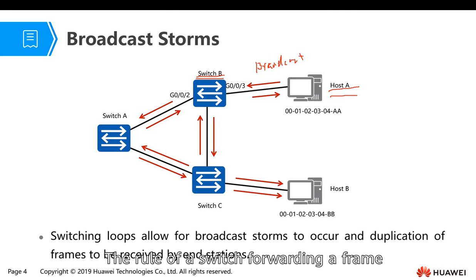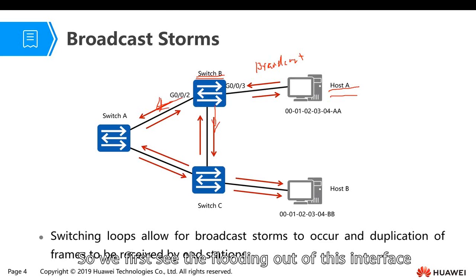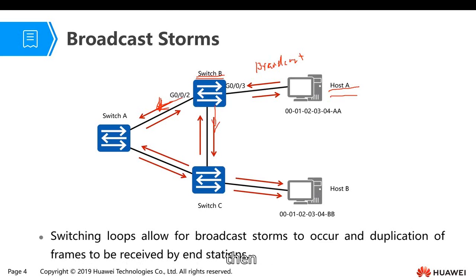By the rule of switch forwarding, if this is a broadcast, it floods out all the other interfaces. So the frame floods out this interface, and then switch A receives it. Switch A receiving a broadcast floods out all other interfaces.